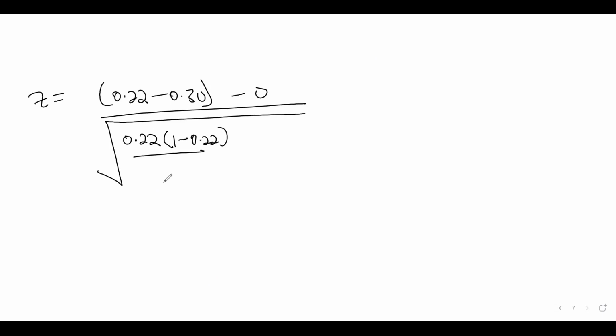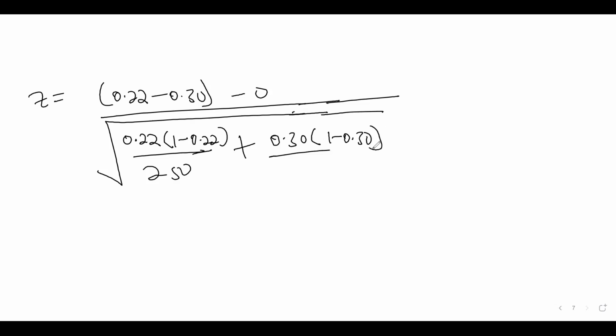Per the question, the sample size is 250, okay? Plus the other part here, 0.30 into bracket 1 minus 0.30, all over 250. When you punch the numerator, 0.22 minus 0.30, you are going to get negative 0.08.